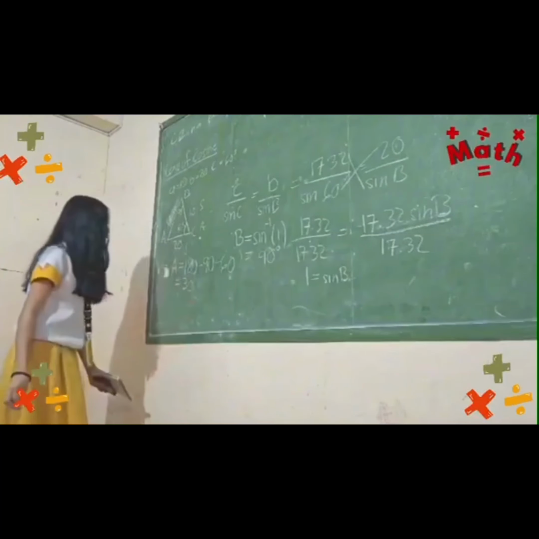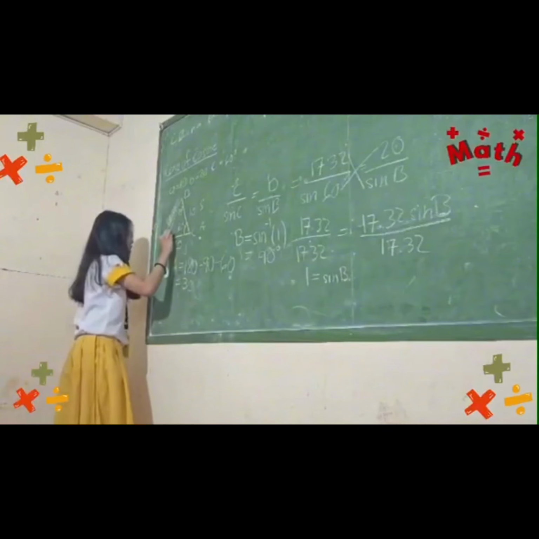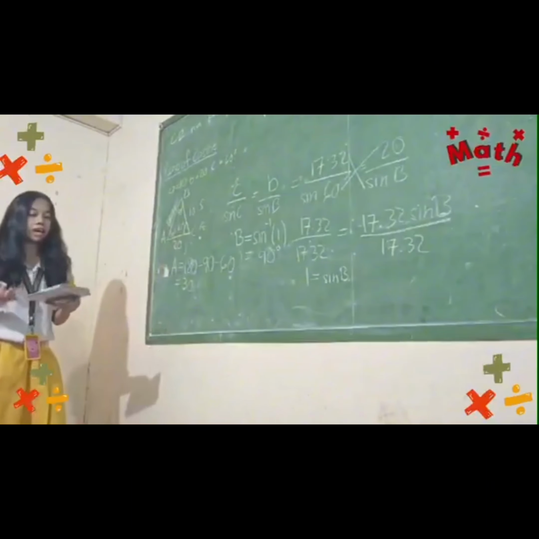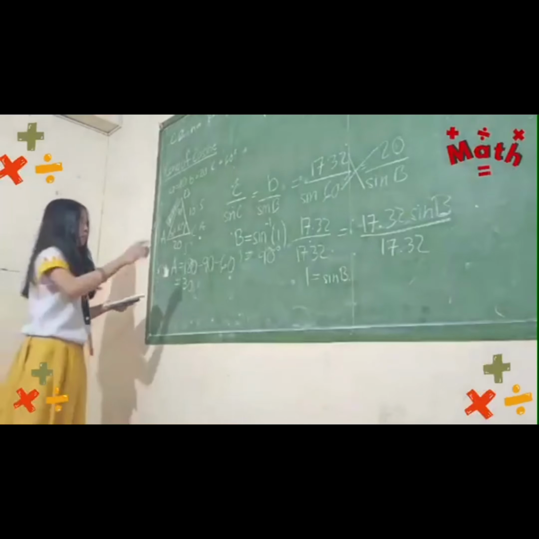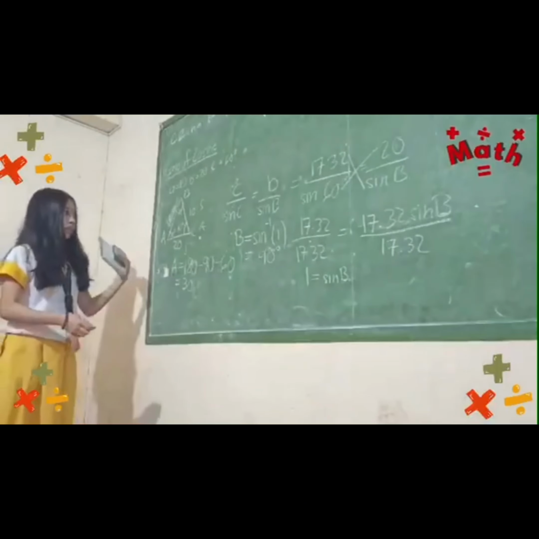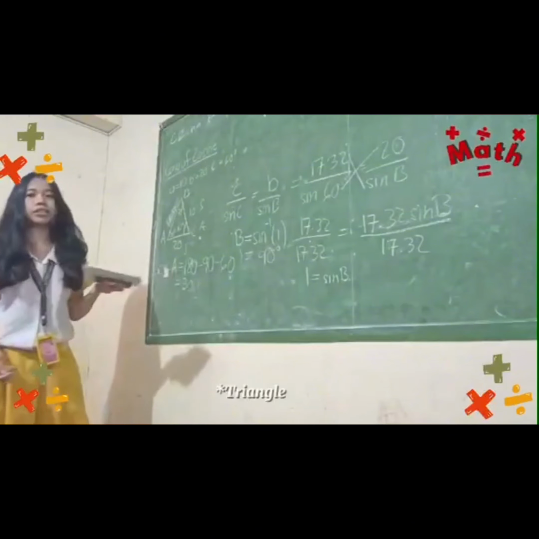Therefore, A is 30 degrees. So that's how you can solve this particular triangle. It turns out that it's a right triangle. Thank you.